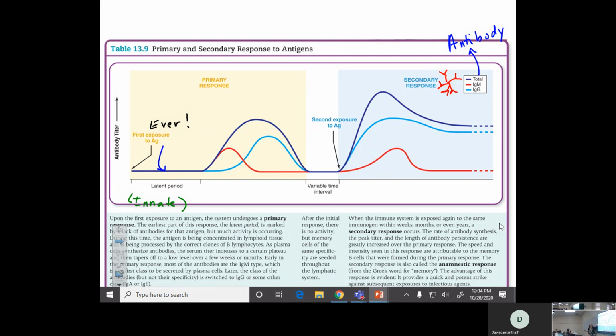But from here to here is the time it takes for B cells and T cells to get their act together, and for the B cells to make plasma cells that start releasing antibodies.